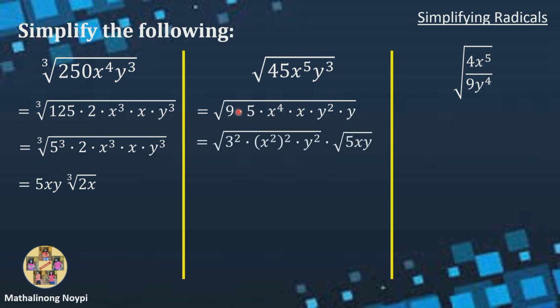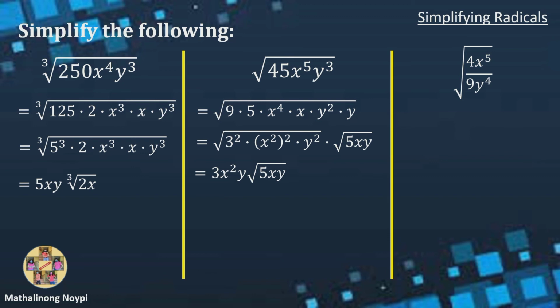Now we have yung 9 natin, that is equal to 3 squared times 5 times the square root of x squared times x times y squared times y. So we have the final answer of 3x squared y square root of 5xy.